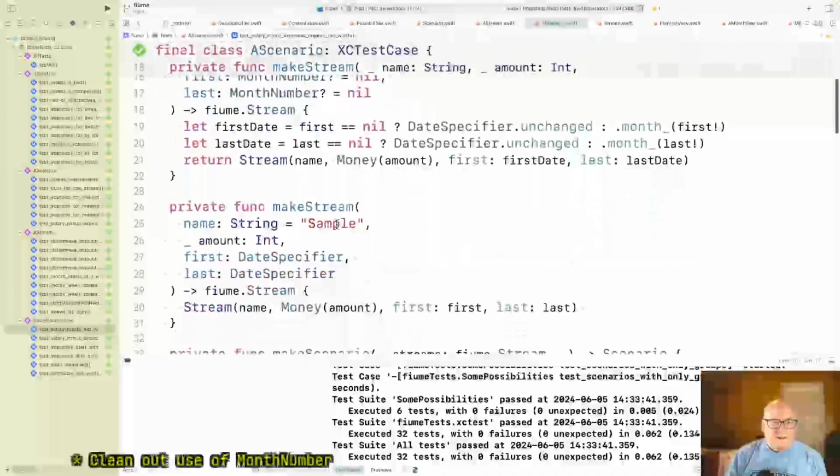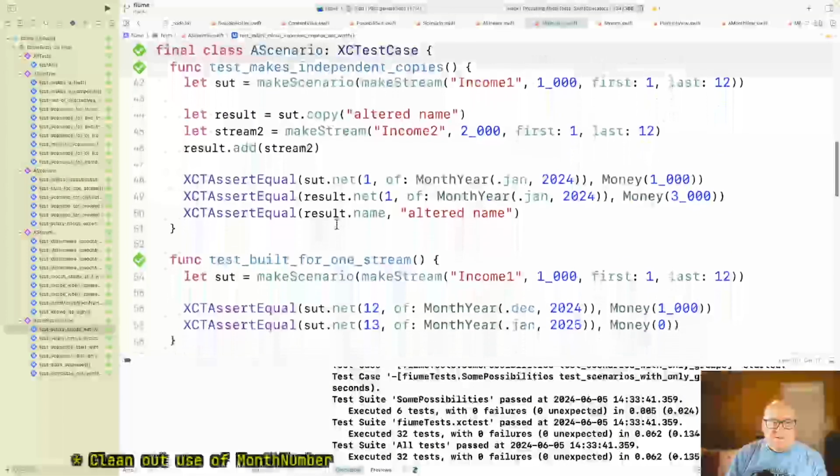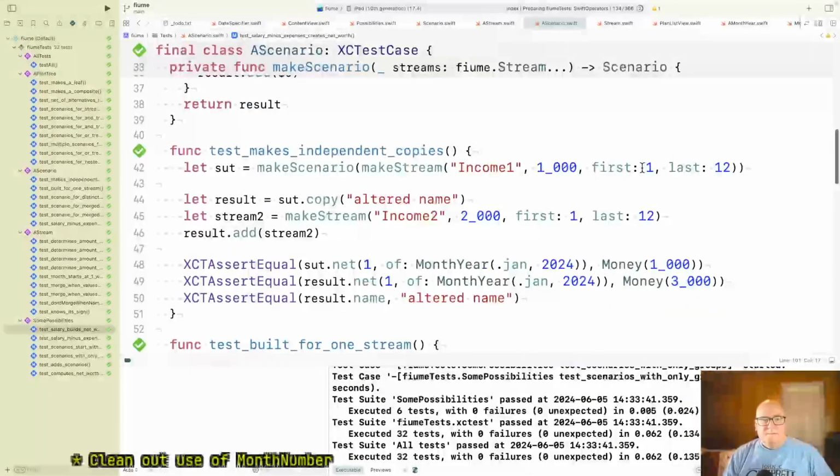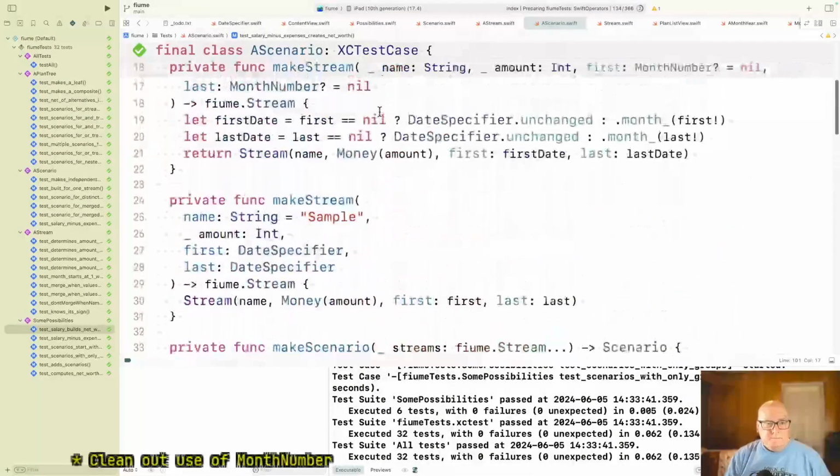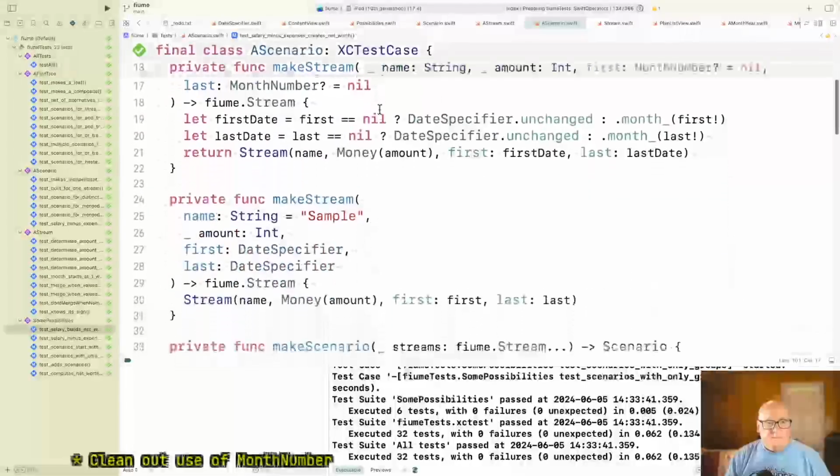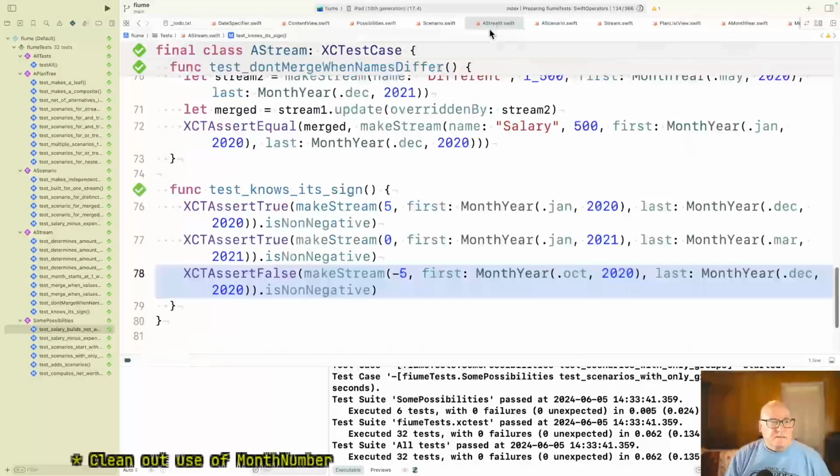Okay, now let's get these others. I don't know. Does it make sense to pull this into?